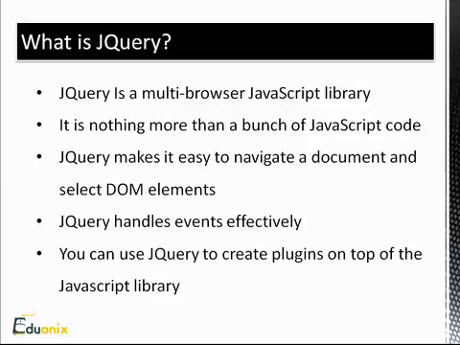So jQuery allows you to maneuver around the DOM and manipulate certain elements. It handles events effectively, so clicking, hovering, mouse up, mouse down, keyboard strokes, all kinds of events. We can easily do different things with jQuery events. You can use jQuery to create plugins on top of the JavaScript library as well.